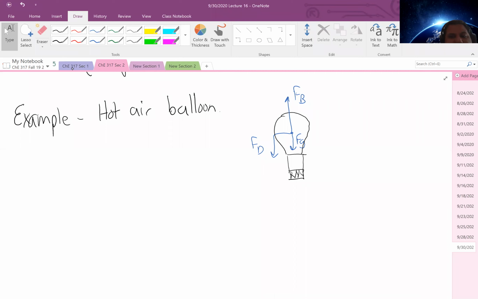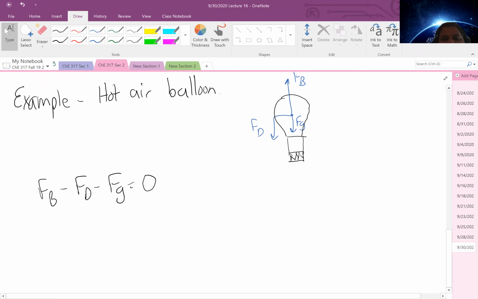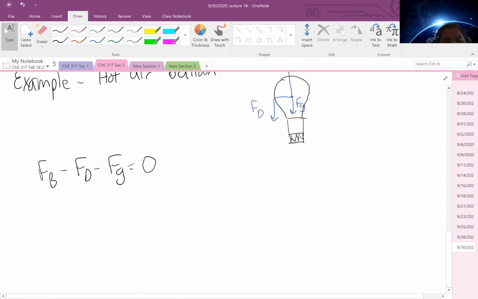Which means if we're doing the solution, we can say the buoyant force is being matched and canceled out by the drag force and the force due to gravity.